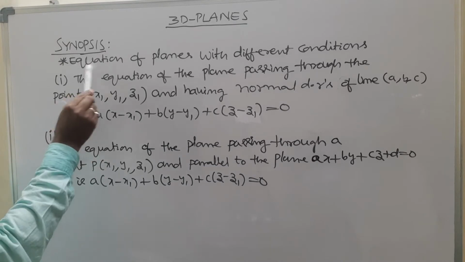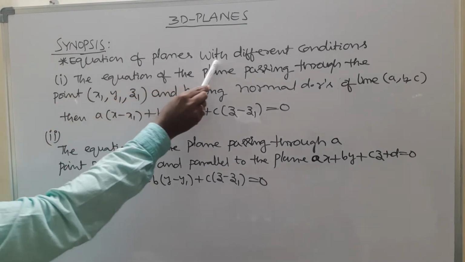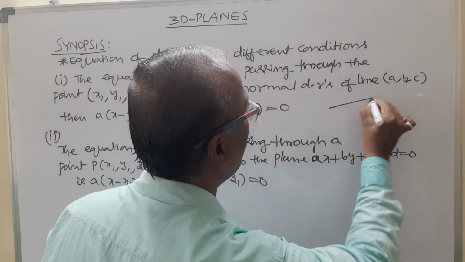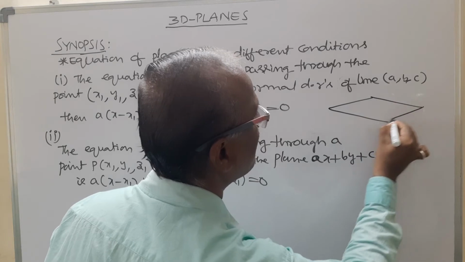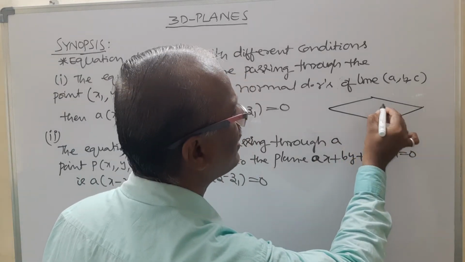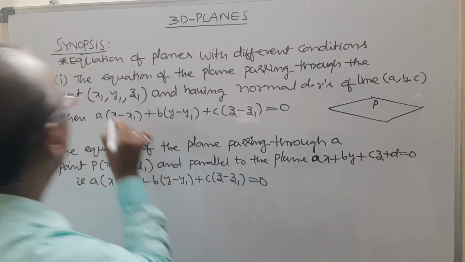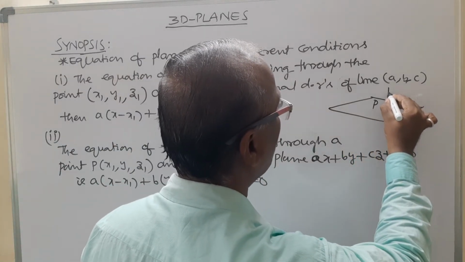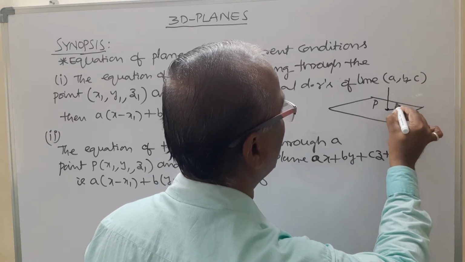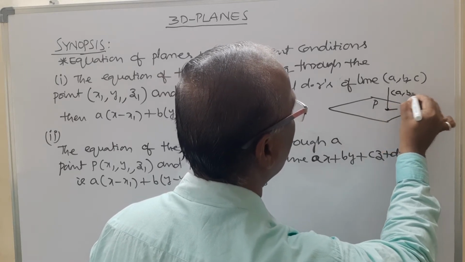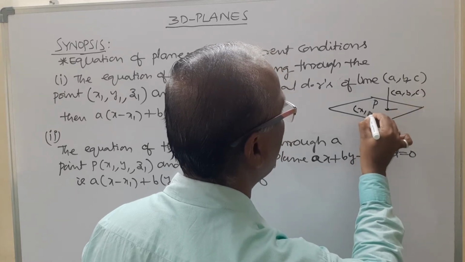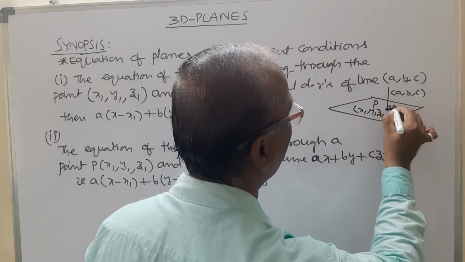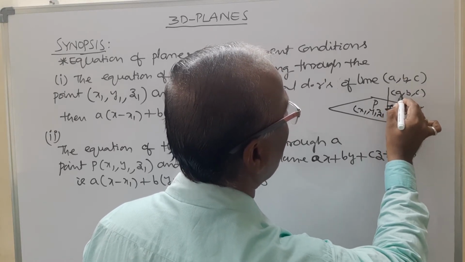Next, equations of planes under different conditions. Here the plane passes through the point P(x1, y1, z1) and is perpendicular to a line whose DRs are a, b, c. That is, the DRs normal to the plane, at 90 degrees, are a, b, c.